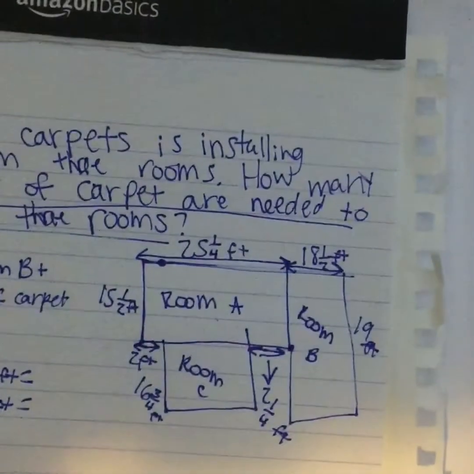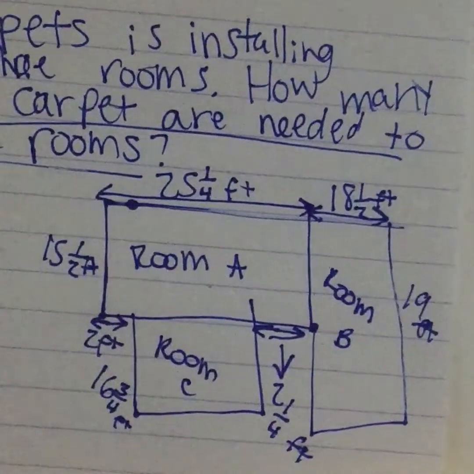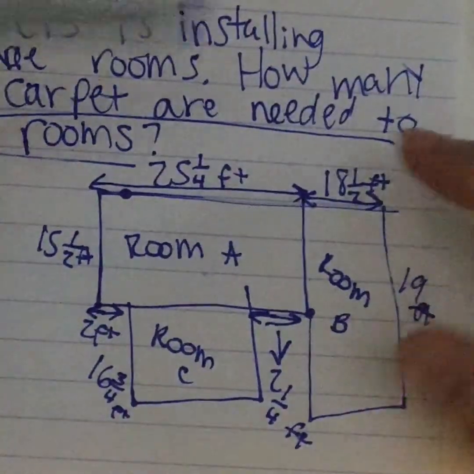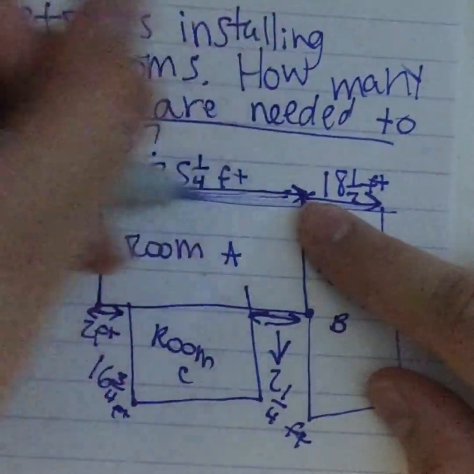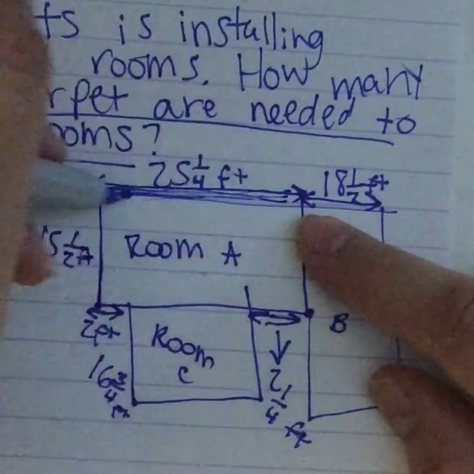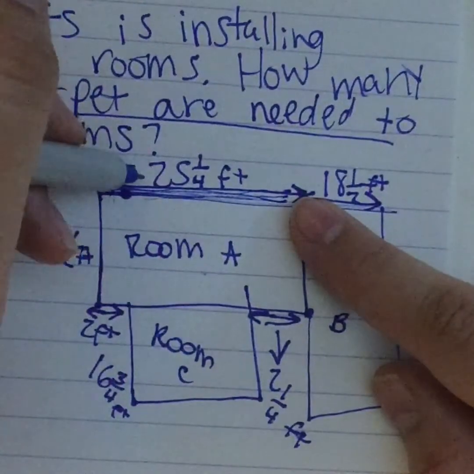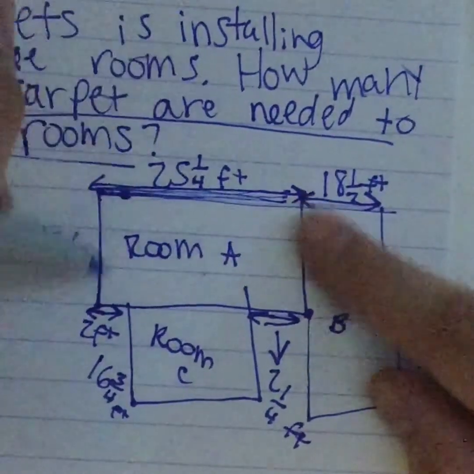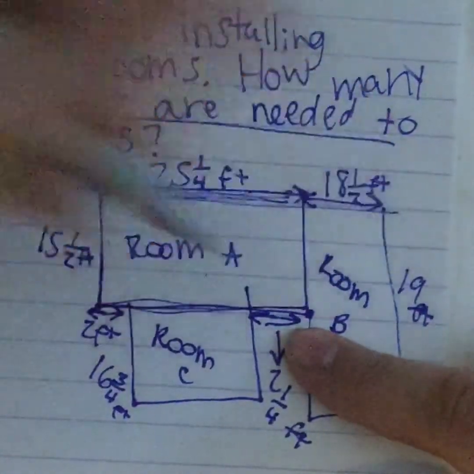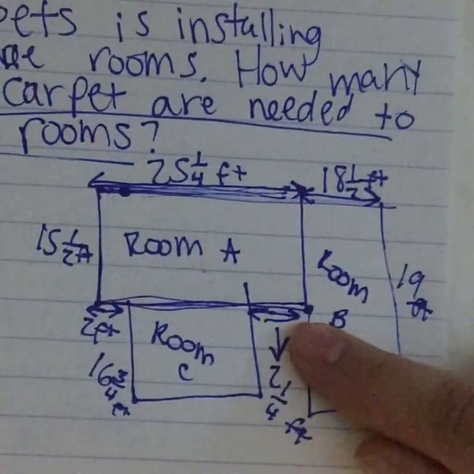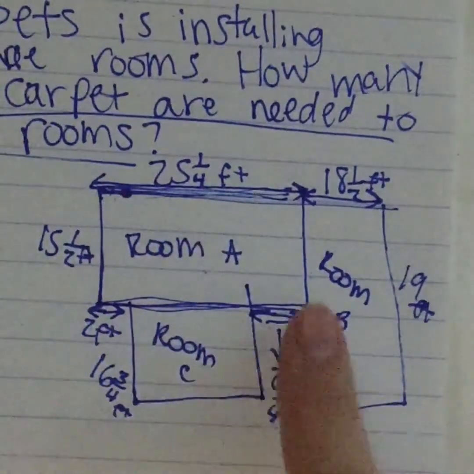If we go ahead and zoom in on our pictures, yours is a little bit neater than mine, but I know that if this length right here, or width, depending on how you're looking at it, measures 25 and 1/4 feet, because this is a rectangle, I know that this one also measures 25 and 1/4 feet.